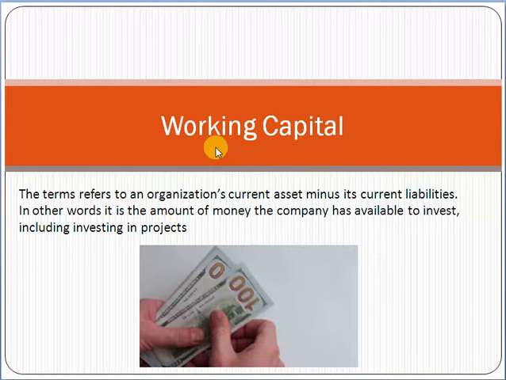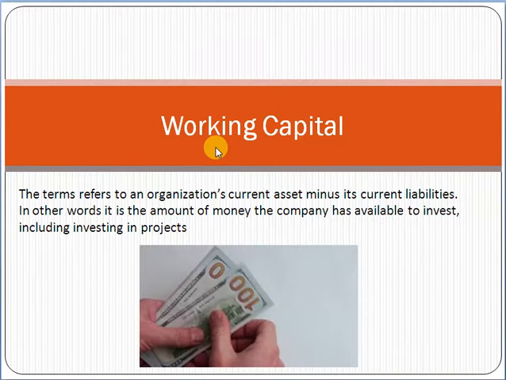So let's start. Working capital is basically the amount of money the company has available to invest, including investing in projects. Working capital means the amount which you have in your hand, which you can invest.